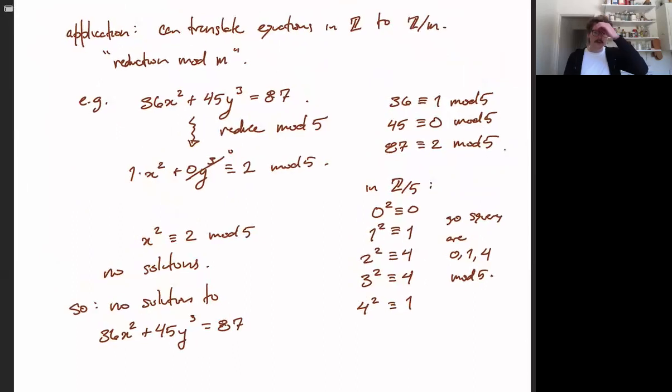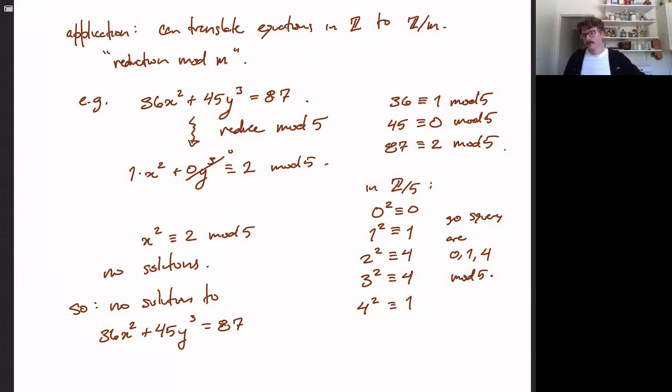So one more quick note on this, in answer to a question. Why do we choose to reduce mod 5? This is a good question. And the idea is that you can choose to do different things depending on the situation.